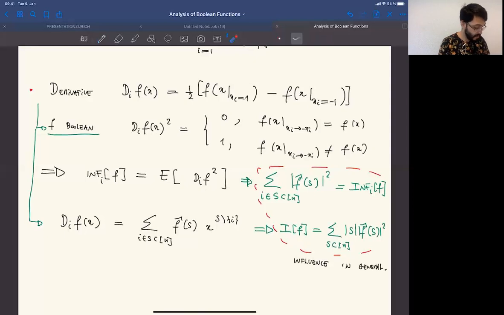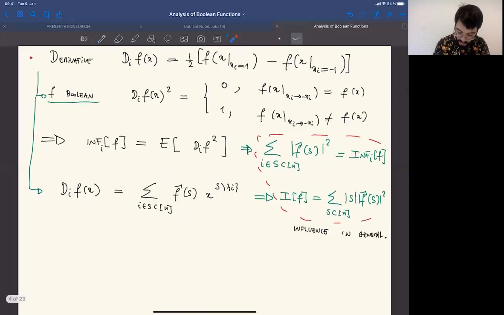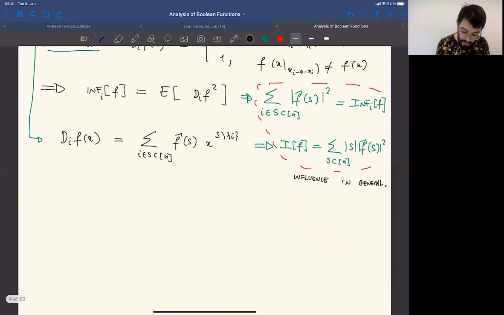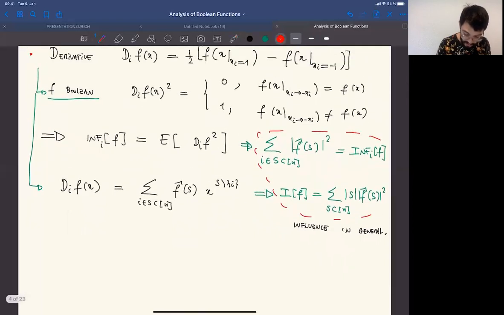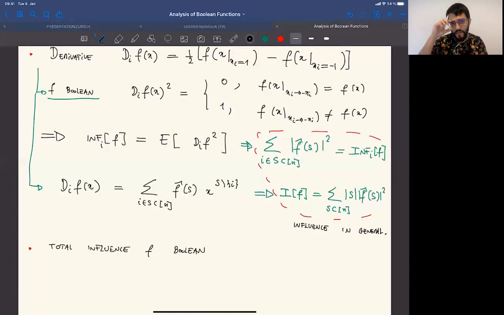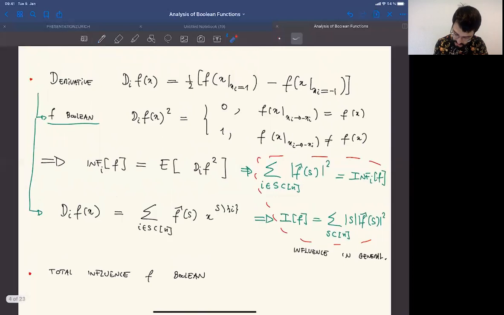What else? Okay, there is another way of computing the total influence if f is Boolean. What we just computed is this sum. In general, is this sum given by this, or is it the sum of these things?